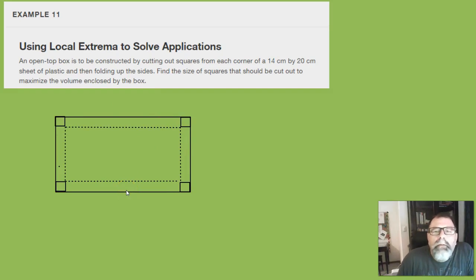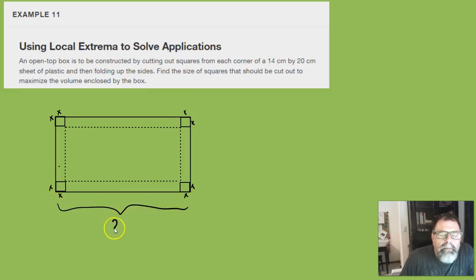Let's see. Find the size square. So they say square, that's the key word. So if this is x, this is x, x, x, x, x. We started out with 14 by 20. So this is 20. This is 14.